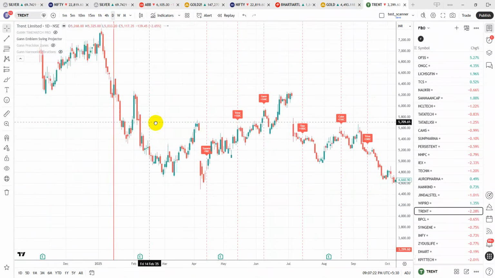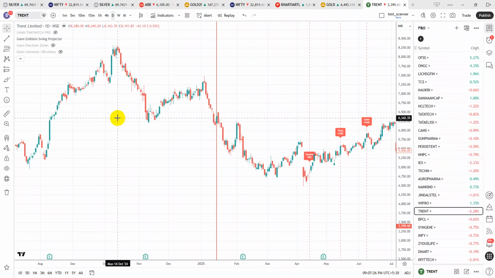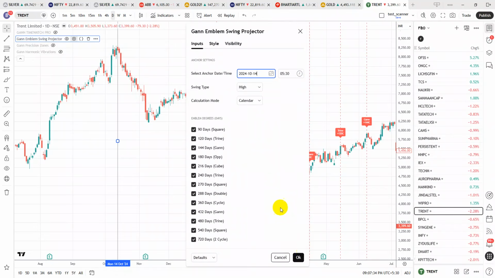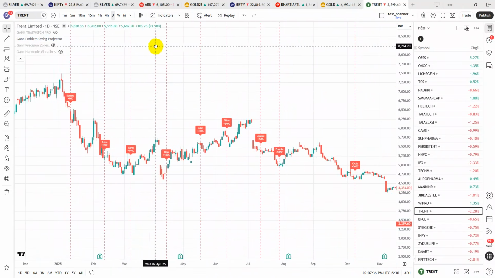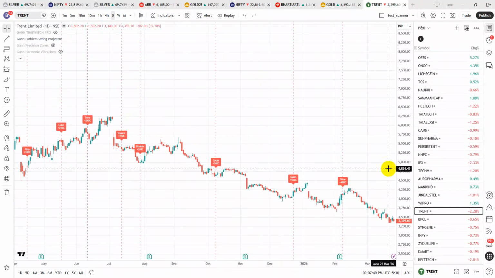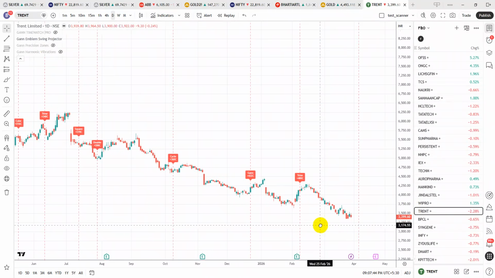It made a high here around 14th October 24. So let's do that. Now you see here, most of the up moves and down moves are captured very significantly. Now the next turning point is on 7th April.